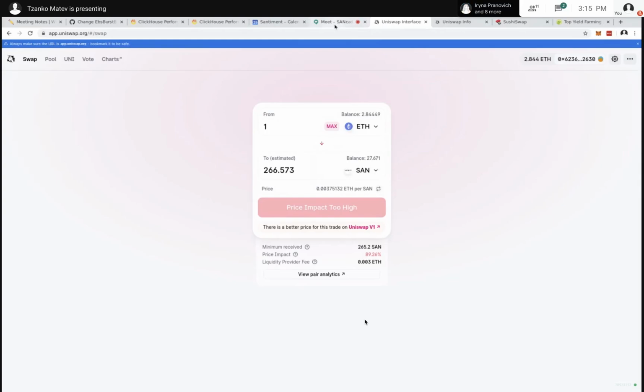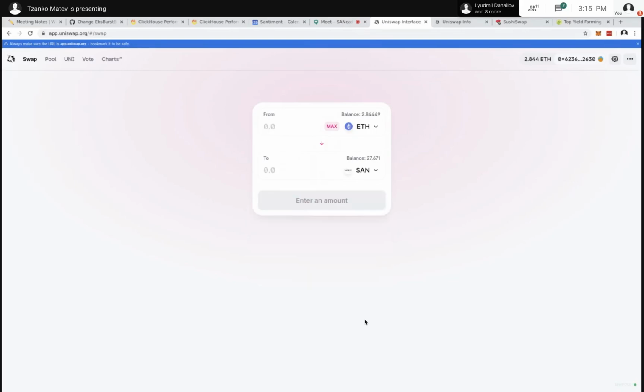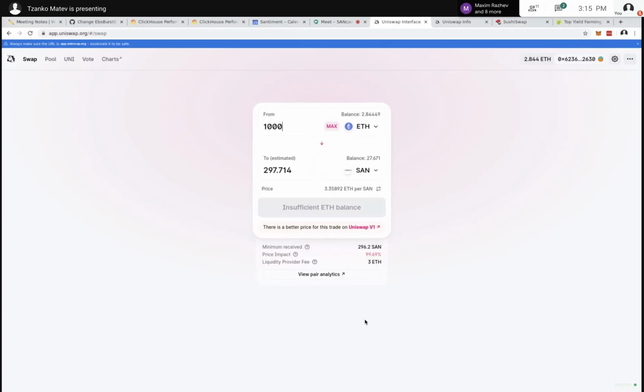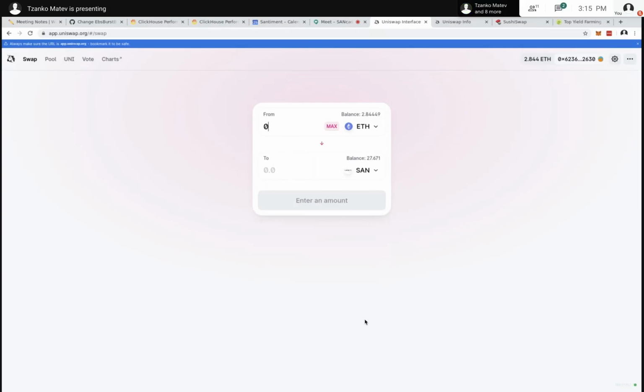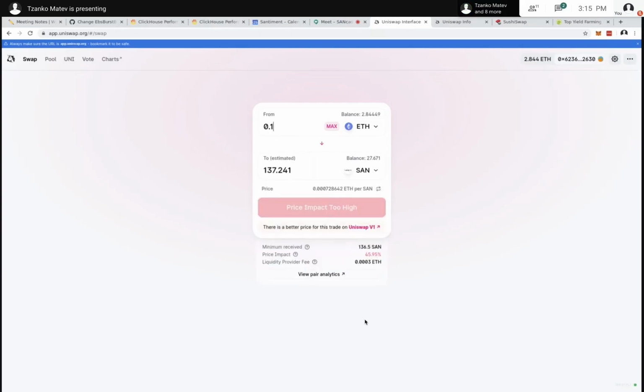Okay, let's increase from 1 to 2 Ethereum. For 2, I get 281. If I want, I can send 10,000 Ethereum or 100,000 Ethereum, and then I'll get 289. So let's see at what point I have something reasonable.